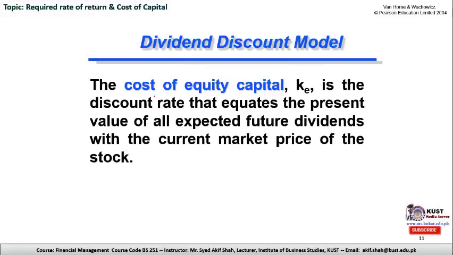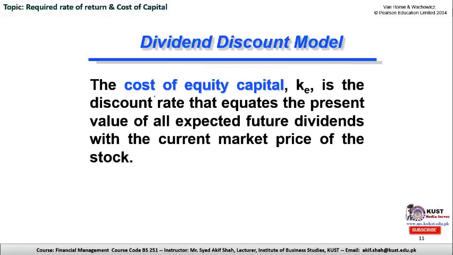So the same model can also be used to find out the cost of equity by rearranging the mathematical formula utilized to find out the value of the common share. If you would like more details on valuation and the basics of the dividend discount model, you can listen to my previous lecture on the topic of valuation of long-term securities.